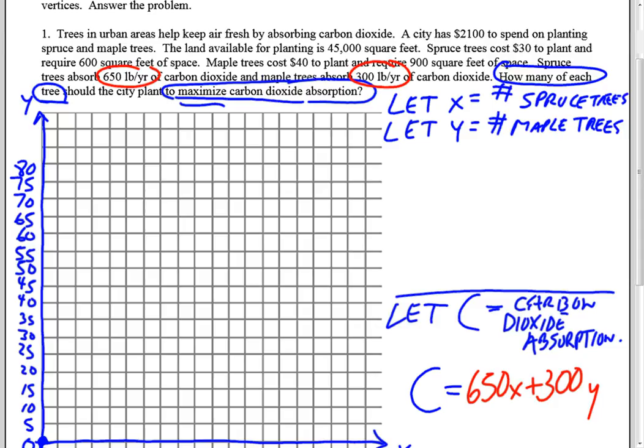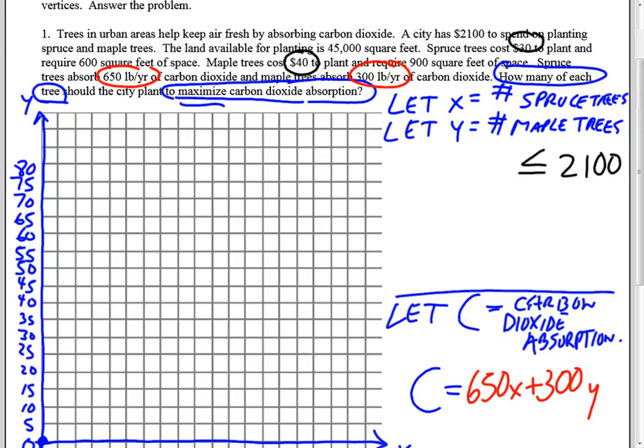Well, we need some parameters. I see money up there. I'll go to that first. I only have $2,100, which means I could spend less. That's the maximum. So I'm going to put a less than or equal there. And it's $30 for spruce.